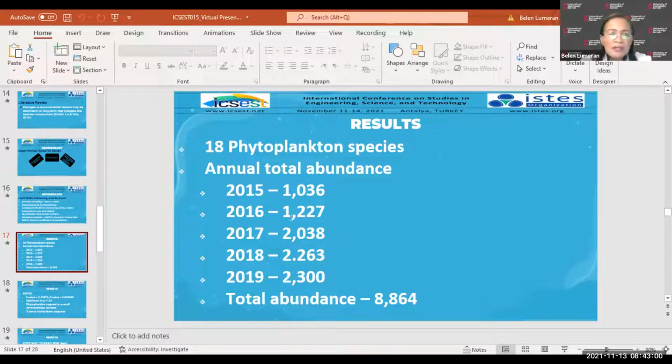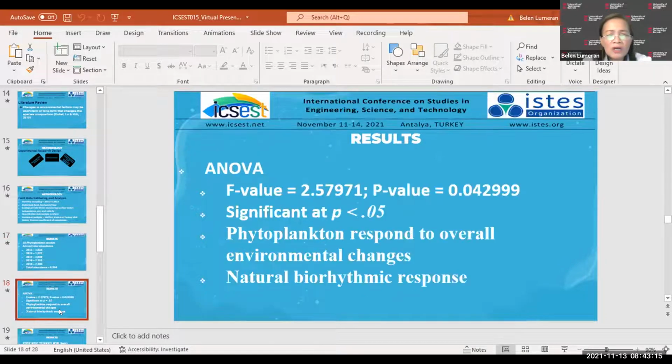So in my short study of 5 years, only 18 phytoplankton species were identified. The total annual abundance is increasing annually, with a total population for 5 years of only 8,864. I only covered about 15 kilometers from offshore.